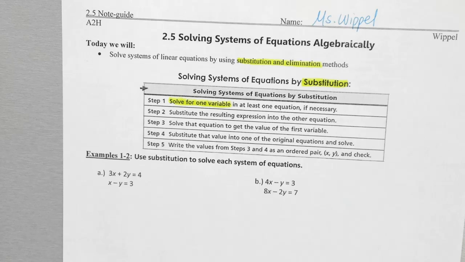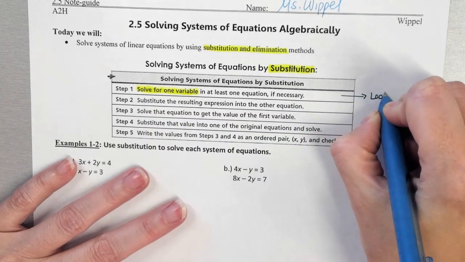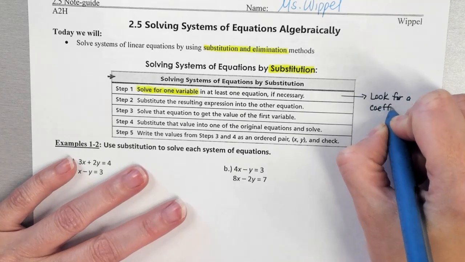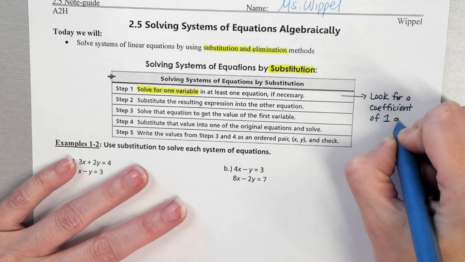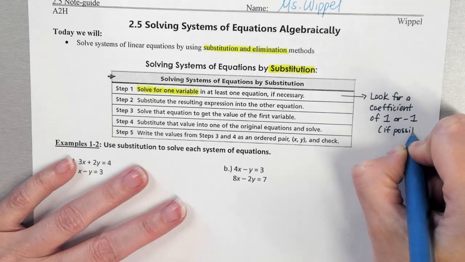Now, when you do that, if you can, this doesn't always happen, but if it does, you want to look for a coefficient of 1 or -1 if possible.